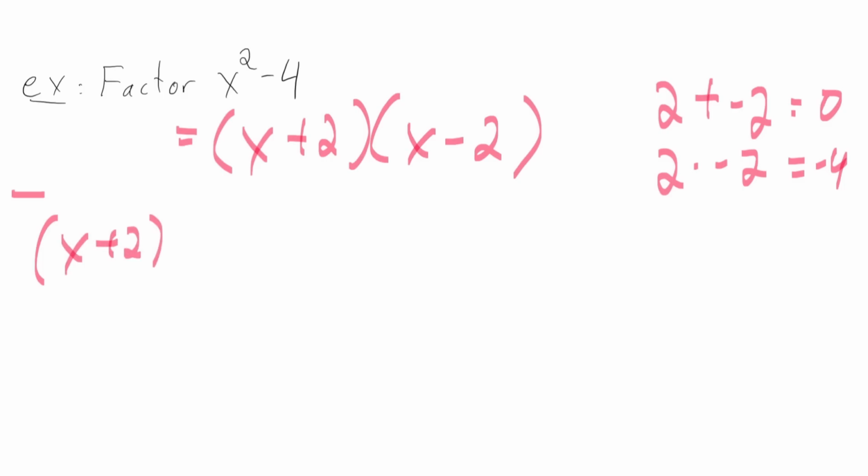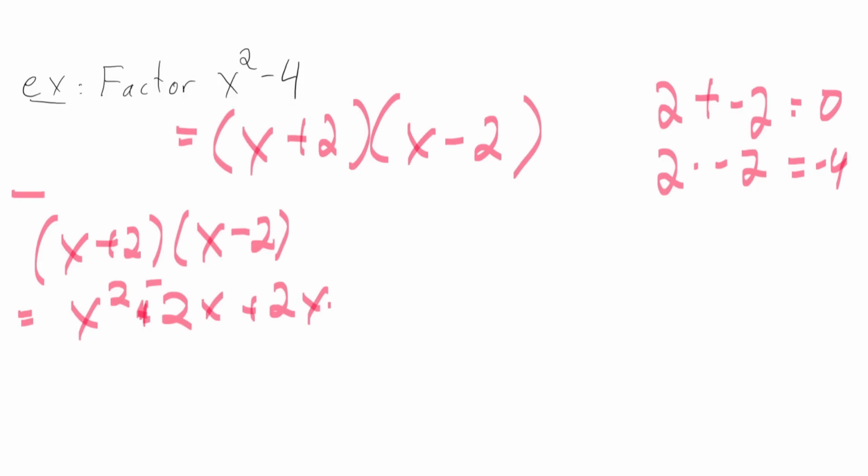So let's expand x plus 2 times x minus 2. So I have x squared minus 2x, I'm sorry, let's say plus 2x minus 2x minus 4. And the key point is that these terms cancel. So I get x squared minus 4 as desired.